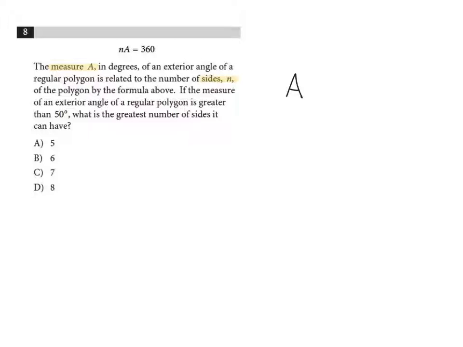The angle, it says, is greater than 50 degrees. What is the greatest number of sides? Well, we have the relationship between the angle and the number of sides: n times a equals 360. Well, if we solve for a, then we can substitute back into this inequality. Okay, so that's exactly what I'm going to do.